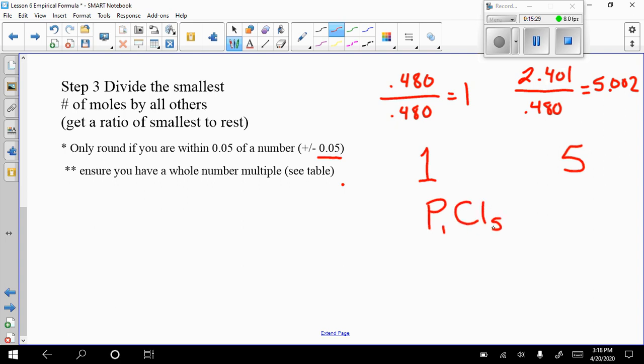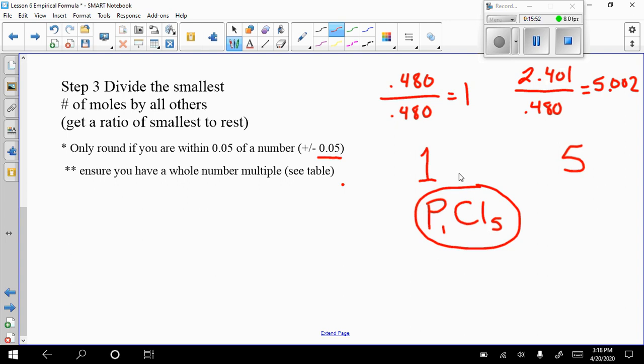That is the simplest formula. Now again, I don't know what the molecular formula is, because remember, it could technically be any whole number multiple of that. So it could be P2Cl10 or P3Cl15. But at this point, what I do know for a fact is that its simplest formula is PCl5.